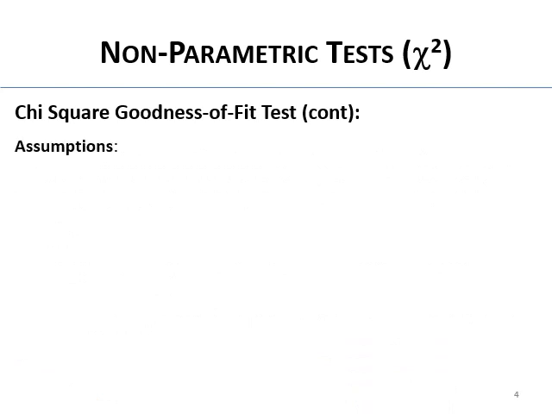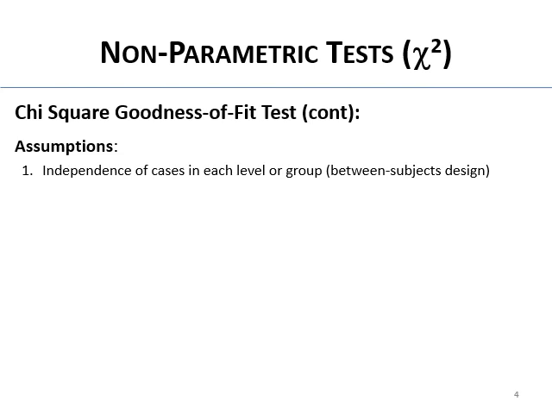So there are some assumptions of the chi-square goodness of fit test, and they're weird. And that's, again, why it's called like a weed whacker test. So the first one is not that weird. You've got independence of cases in each level or group, meaning each person or thing is only counted one time. You have a between subjects design. Now, here's where they get weird. The expected frequency for each category or cell or level is at least 1.